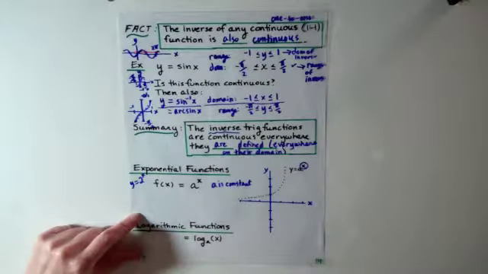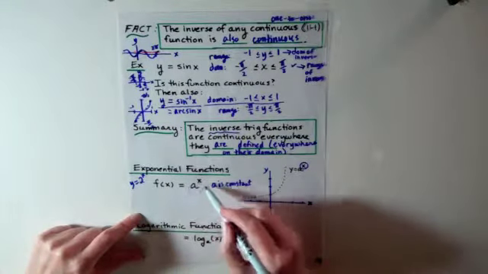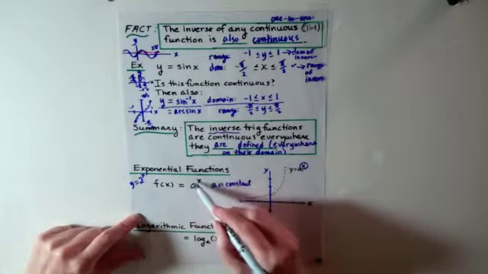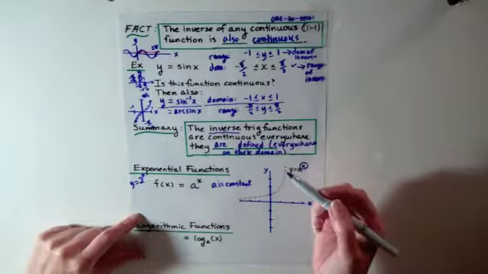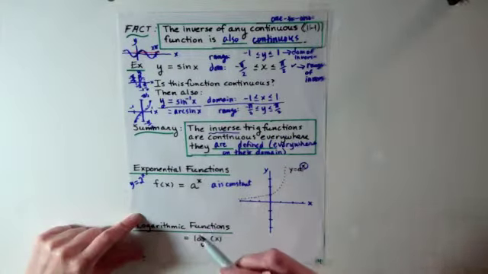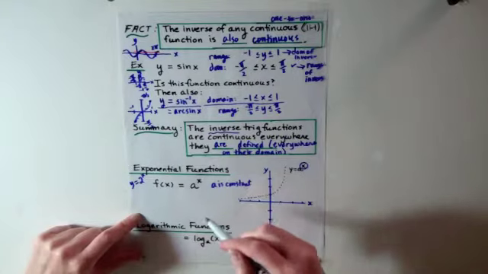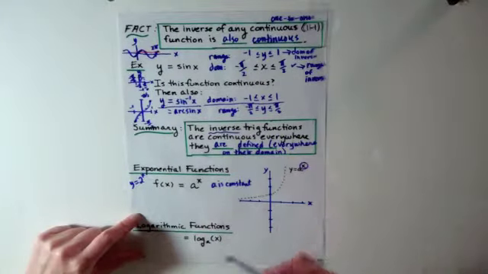However, in an earlier section in our textbook, they go ahead and extend the definition of a to the x to include x's that are irrational numbers, so that you defined it for a to the x, where x is any real number, real numbers being rational plus irrational numbers put together.